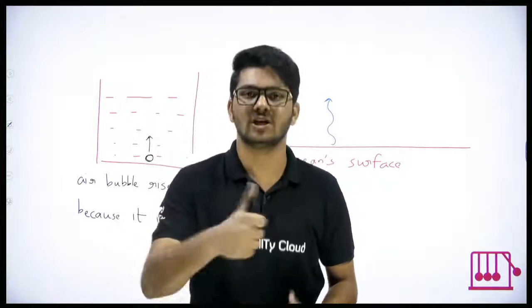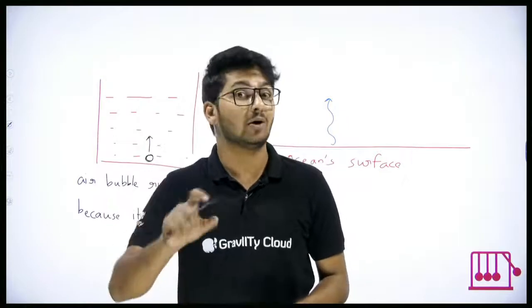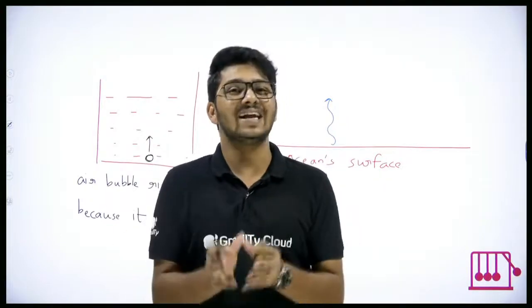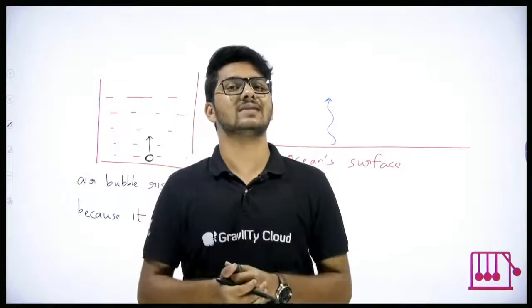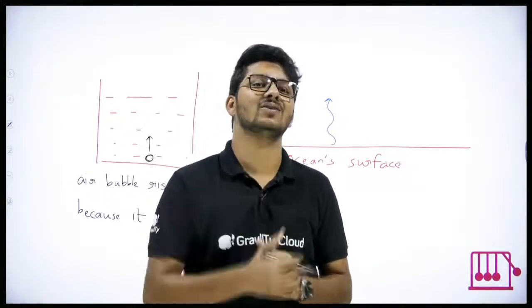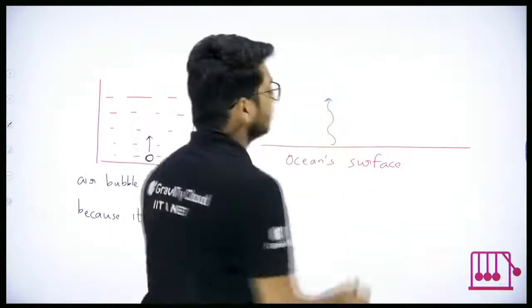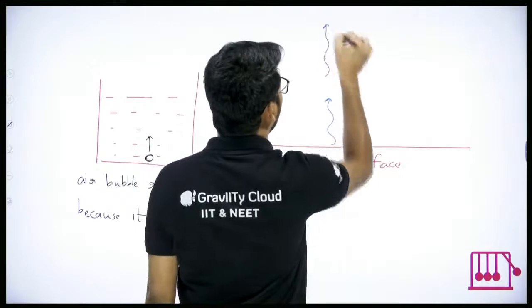So there is oxygen. There is carbon dioxide. You might have heard about those names. So there are different gases in air, and water vapor is lighter than those gases. So what happens is, it will go up. So water vapor will rise up.